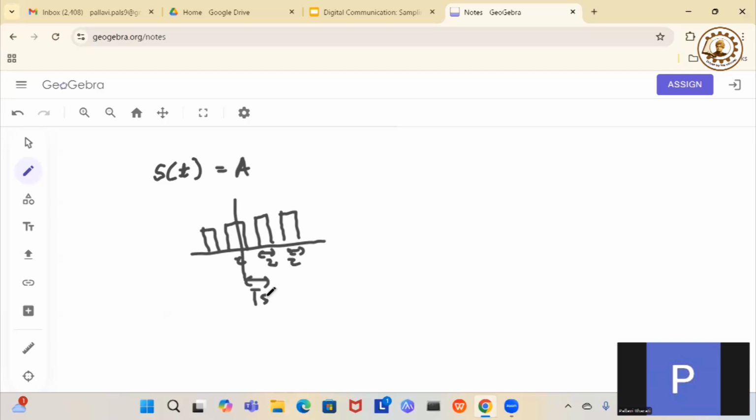So the sampled signal, that is gt, will be equal to xt when the switch is on, from this duration till this duration. So we can write, when ct is equal to A.